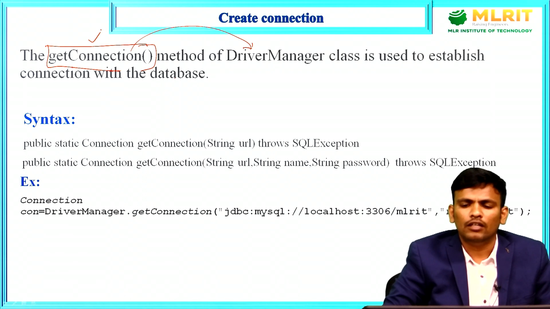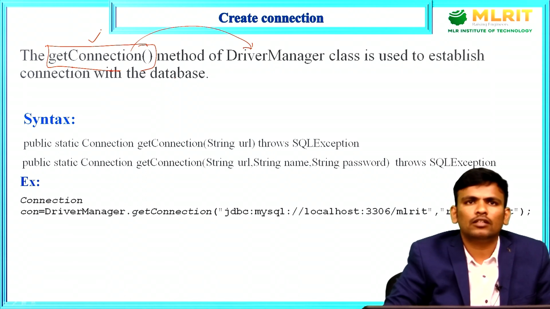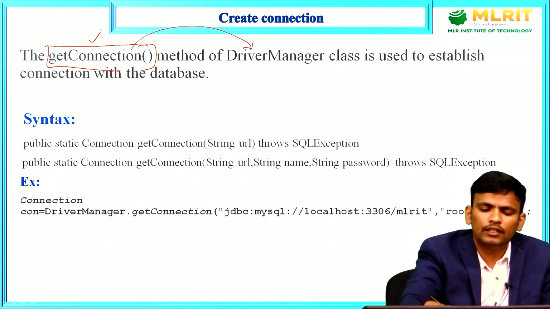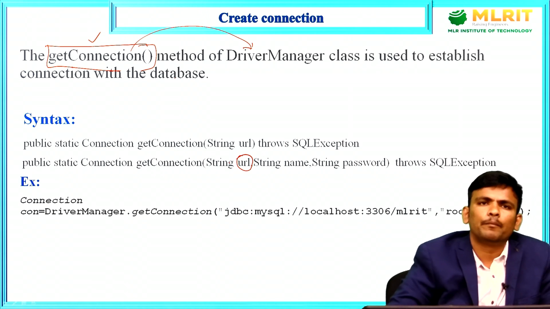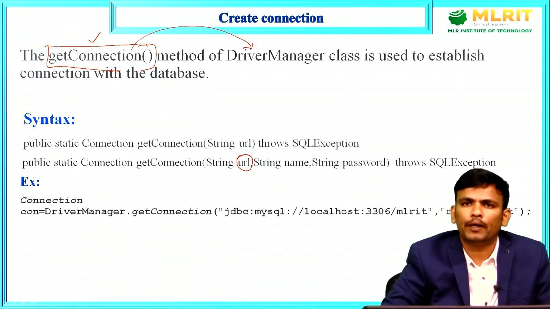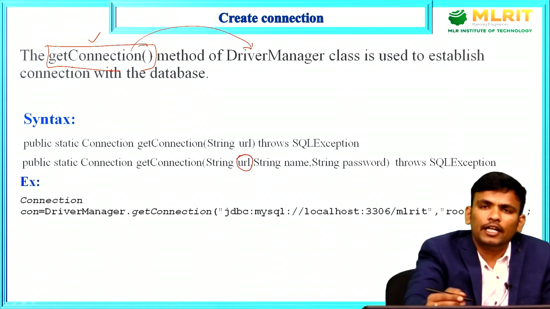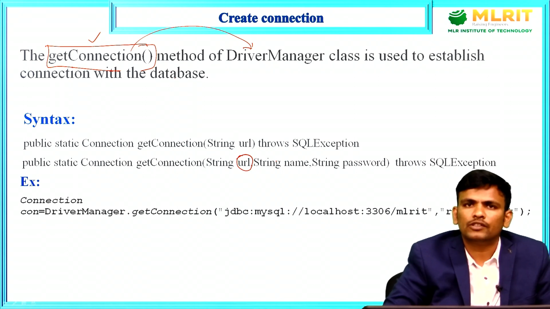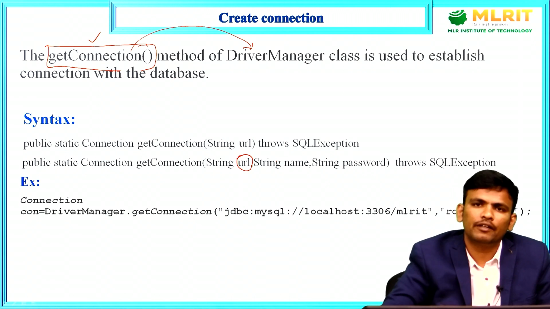By using the getConnection method we can establish the connection. Here the getConnection method is also a static method and we need to pass 3 parameters. The first parameter is a URL, meaning your database URL we need to pass. Suppose if you are using the MySQL server, that MySQL server and your database name we need to pass. That's what we'll see.